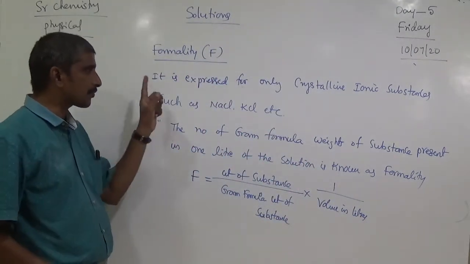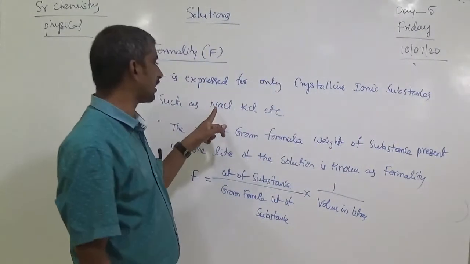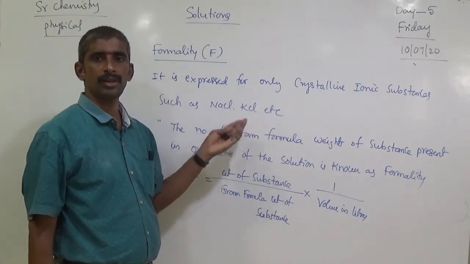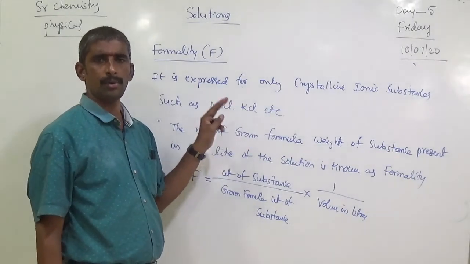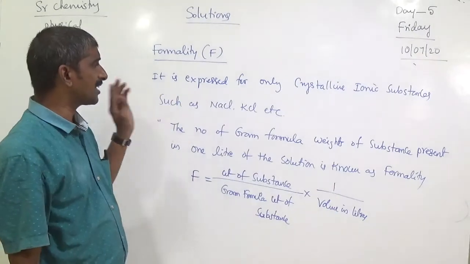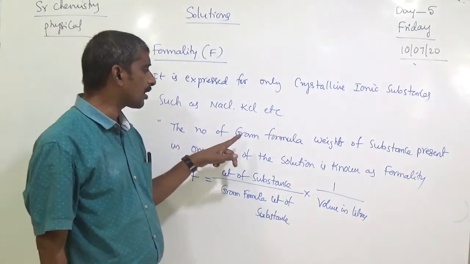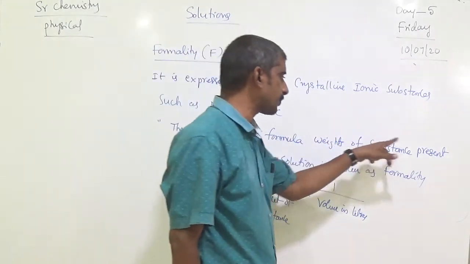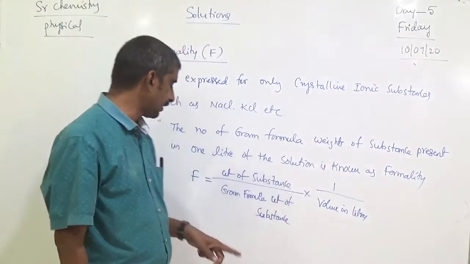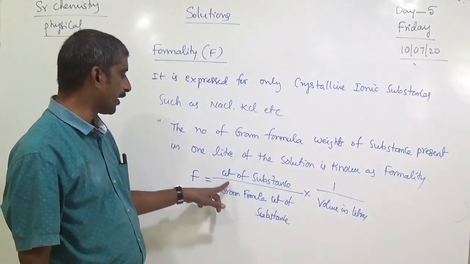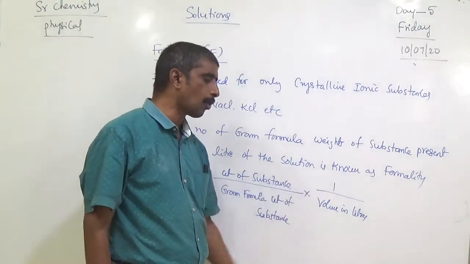It is expressed only for crystalline ionic substances, such as sodium chloride, potassium chloride, magnesium chloride. These are ionic compounds. Formality F equals weight of substance by gram formula weight of substance into 1 by volume in liters.